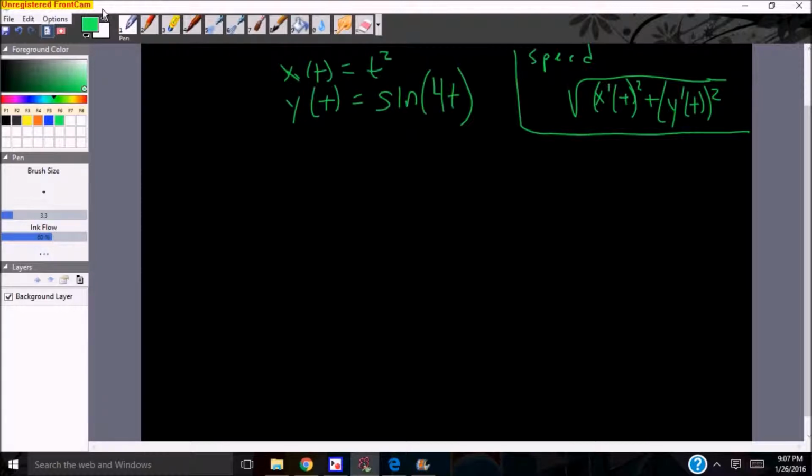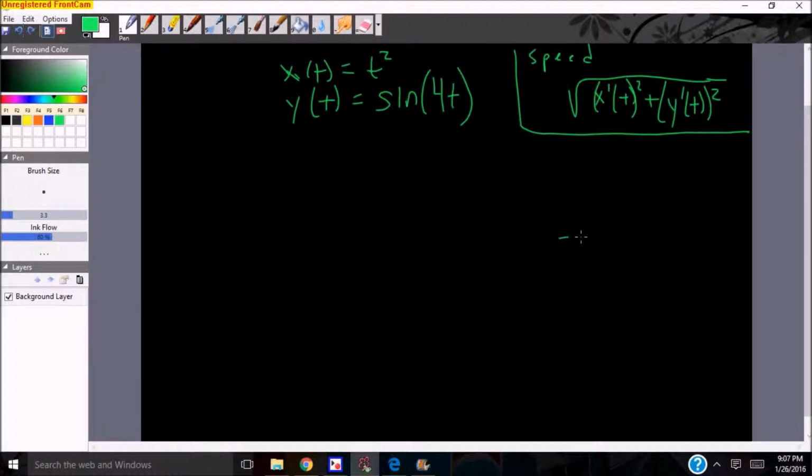When we're talking about speed of a particle, the last thing we were talking about was the arc length in parametrics, and we did the square root of the derivative of the x part squared plus the derivative of the y part squared. And if you think about that, it makes perfect sense for that to be speed. You physics students may even have a better idea for this, because this is kind of what you've been doing.